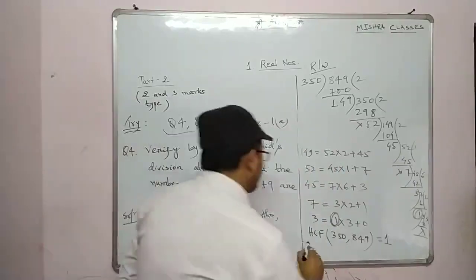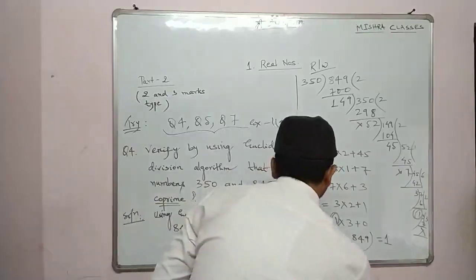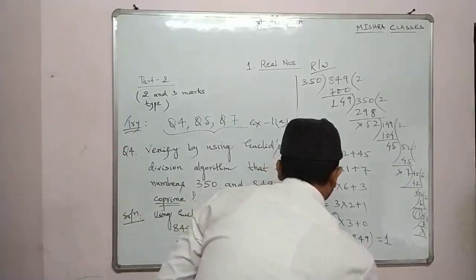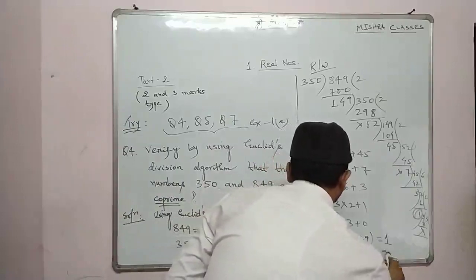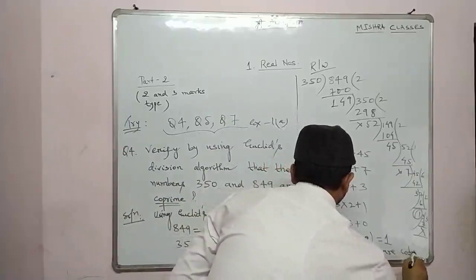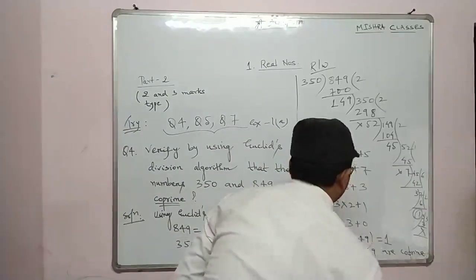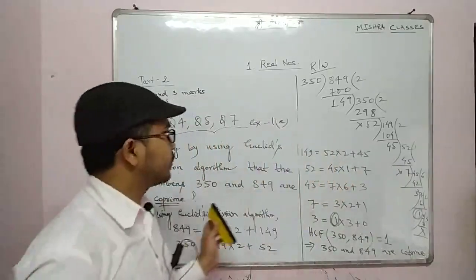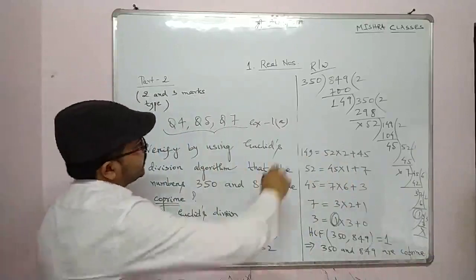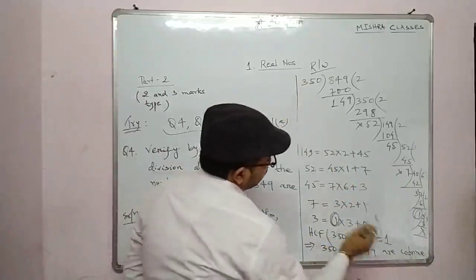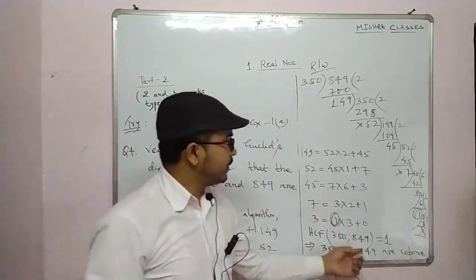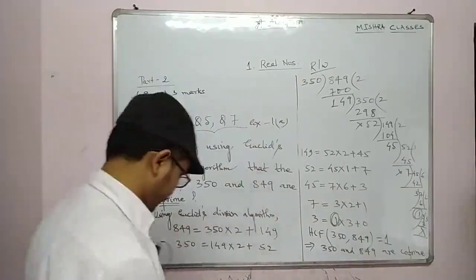Implies 350 and 849 are co-prime. Have you understood, students? We find the HCF and see whether it is equal to 1. If it is equal to 1, then they are co-prime. Is it clear?